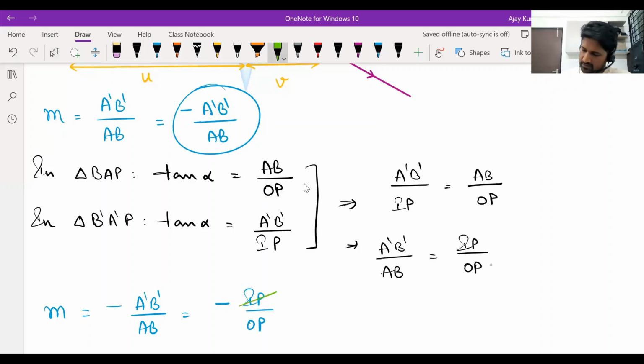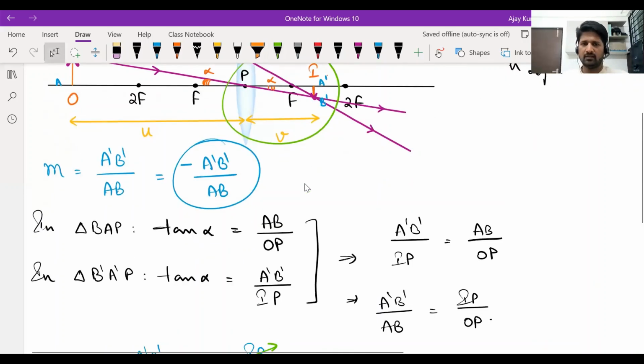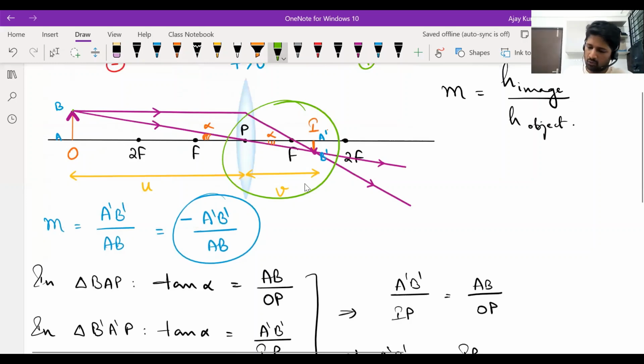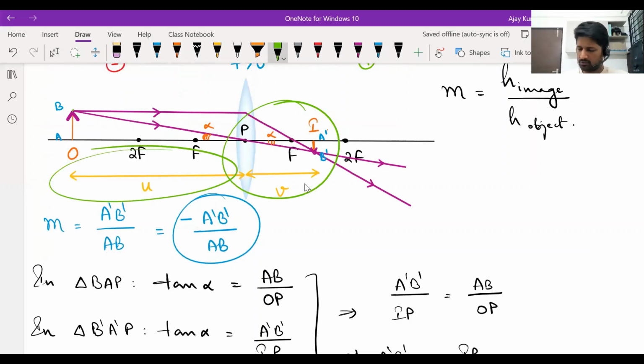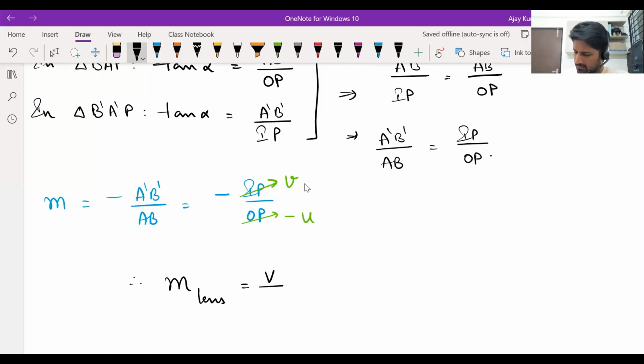But IP in this case, image to pole, is actually the image distance. You can take it as V as it is. But OP, object to optical center, not the pole, is negative of U. Now the minuses cancel and finally you get the magnification produced by a lens as V divided by U. That's all. Image distance divided by object distance.